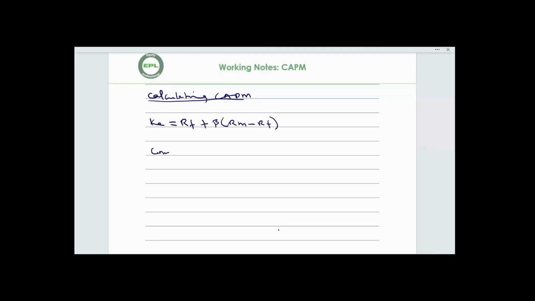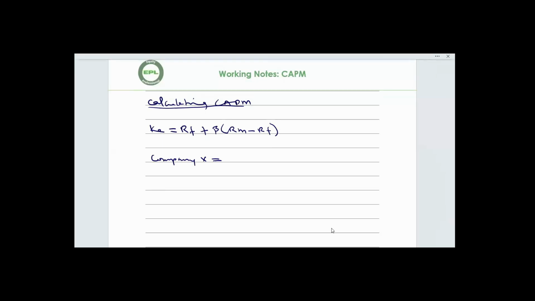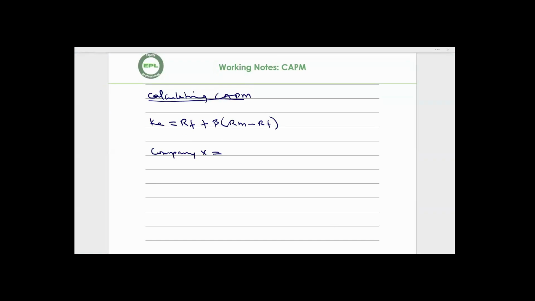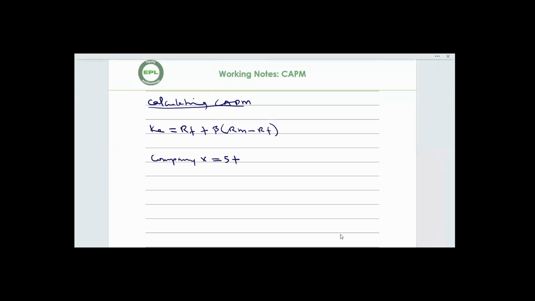So for company X, the risk-free rate of return according to the question is 5%. Market return is 10%. So here is 5 plus the beta of company X, which is 1.2.